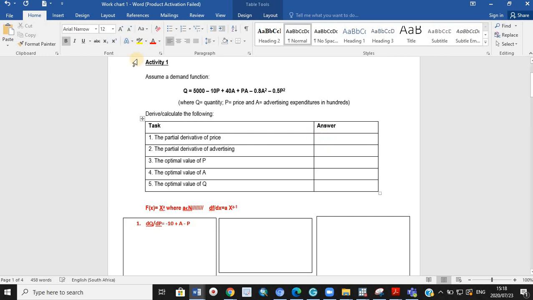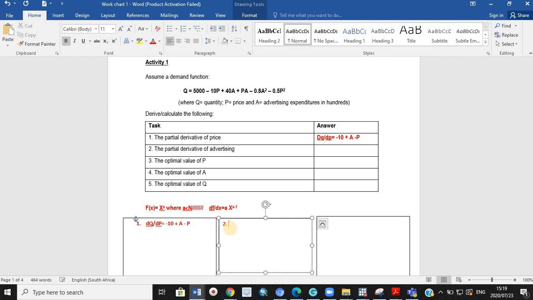So the answer is, the partial derivative of this function with respect to price is equal to minus 10 plus a minus p. We do the same here.